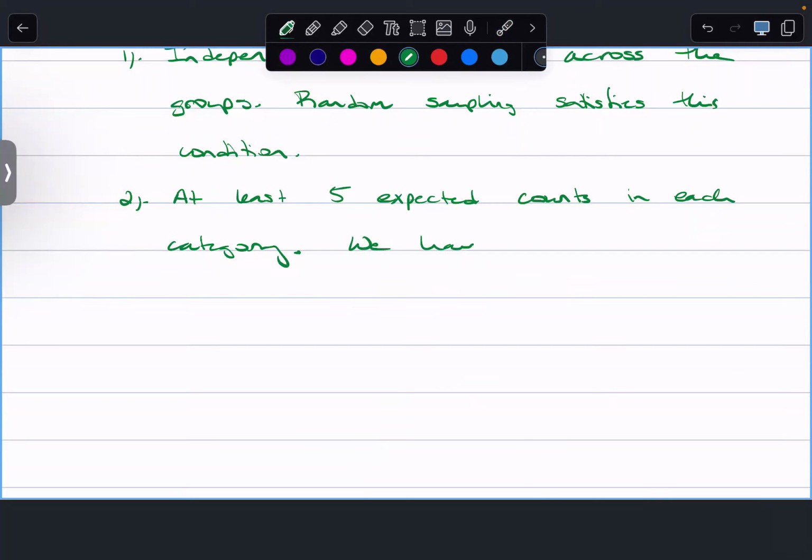I'll say we have 33 expected counts in each category, which is greater than or equal to 5, so that checks out. Okay. So if we're only doing a hypothesis test for a chi-squared, then I guess we better know what our null and alternative hypotheses are before we even do anything.